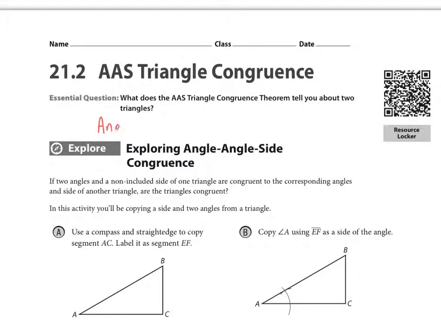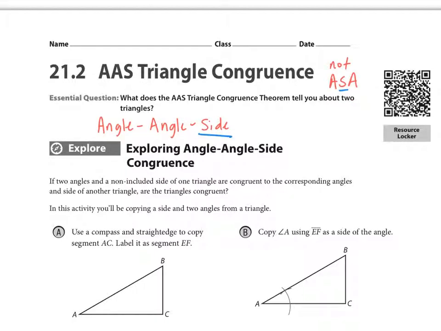angle, angle, side. And this one is sometimes confused with the first theorem that we came across. This is not the same as ASA, but very, very similar in that they both have 2 A's and 1 S. What's important here is where the S is located in both of those.